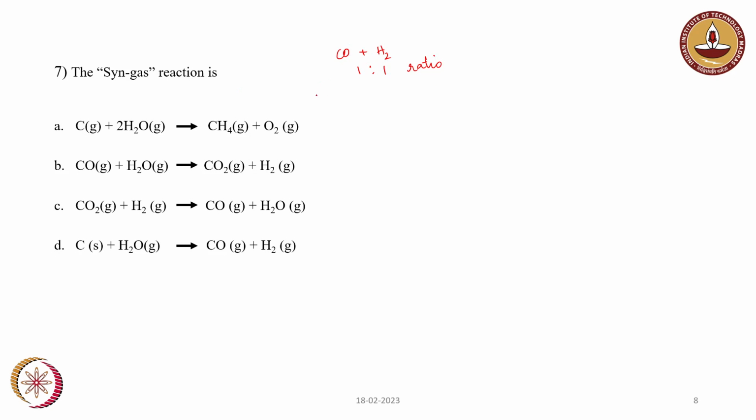So here we'll have to find where CO and H2 is produced. So here C plus H2O giving CO plus H2, which is the syngas. So option D is the answer.